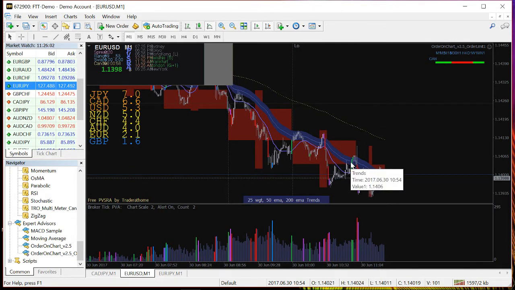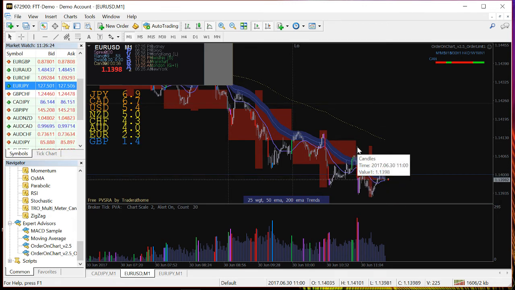The thing here is, you may ask: should I wait until the key level? Should I wait until the 25 WGT, which is this light blue line? Or should I wait until it goes back to the dragon? Or should I wait a little bit more, which would be here?